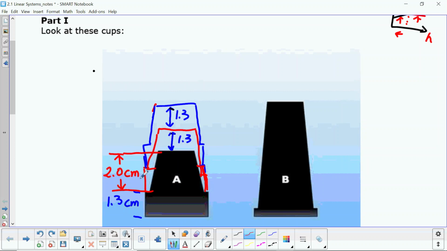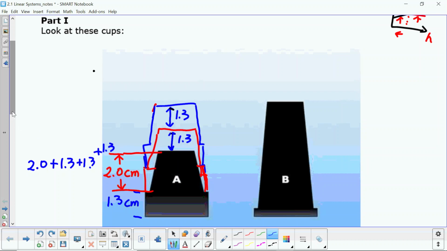Then after three cups, we are going to write 2.0 first, then plus 1.3 is 1 cup. Then another one will add another 1.3. Then you add the third cup will be plus 1.3 again.